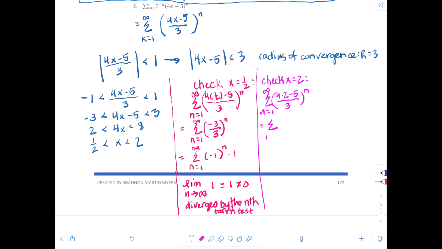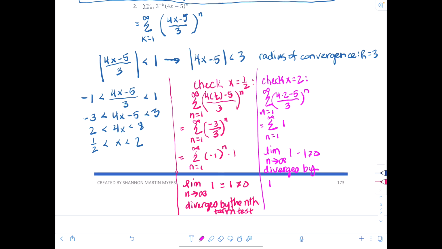That's going to be the summation as n goes from 1 to infinity of 3 over 3 to the n, which is 1 to the n, which is just 1. And this, of course, diverges by the nth term test, because the limit as n approaches infinity of 1 equals 1, which is not 0. So it diverges by the nth term test.